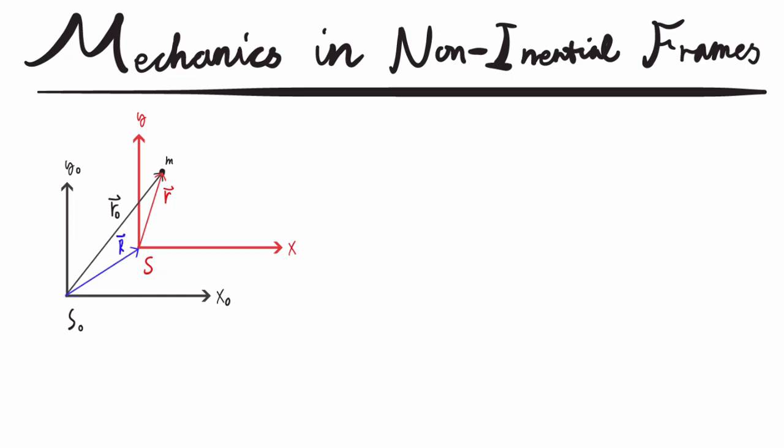Okay, so like we said, S0 is inertial, but because this vector capital R that connects the two frames has a second time derivative that's not zero, that means that the S frame is non-inertial.